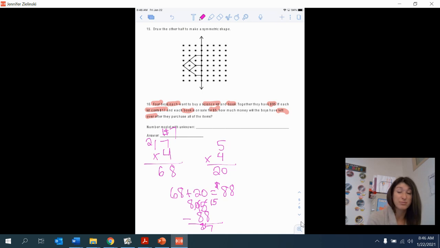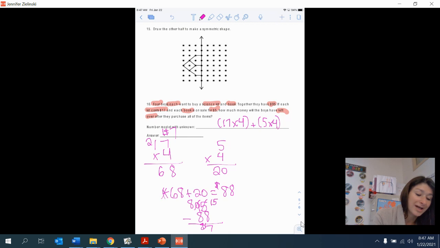Now the tricky part is putting this into a number model with an unknown. Let's think about what we did first. I'm going to leave a little space here. We first did our 17 times 4. And then we did our 5 times 4. And we had to add them all together. So that's why I put the plus sign in between there, because we did that right here in this step.